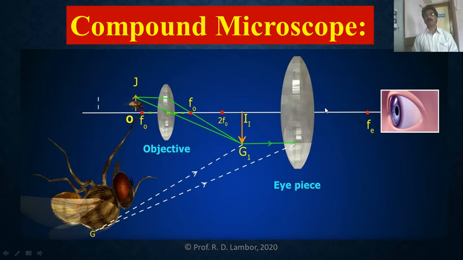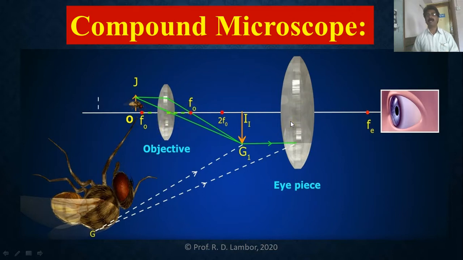In a compound microscope two convex lenses are used. One is the objective and the other one is the eyepiece. If you compare the aperture of both the lenses, we come to know that the objective has a smaller aperture and at the same time a short focal length.